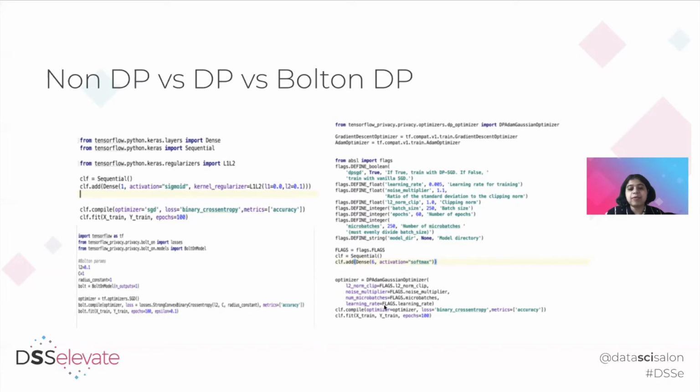Then we have micro batches, as differential privacy works with TensorFlow: micro batches, learning rate, and noise multiplier. If you need to go into more detail on these, we can look at TensorFlow Privacy: what these factors are, how the gradient clipping happens, what the noise multipliers are, and why the learning rate and micro batches are important in training models without Bolton DP, but using plain differential privacy.